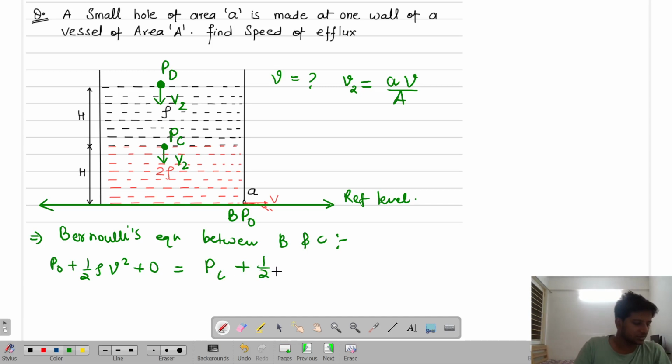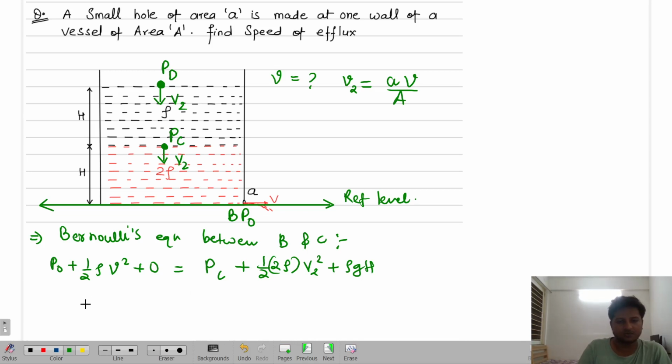After that, if I want to find over here the kinetic energy at V2, the term will be half of twice rho into V2 square plus rho g h, isn't it? So you will get the equation as P of C is equal to P naught. What will be the equation?